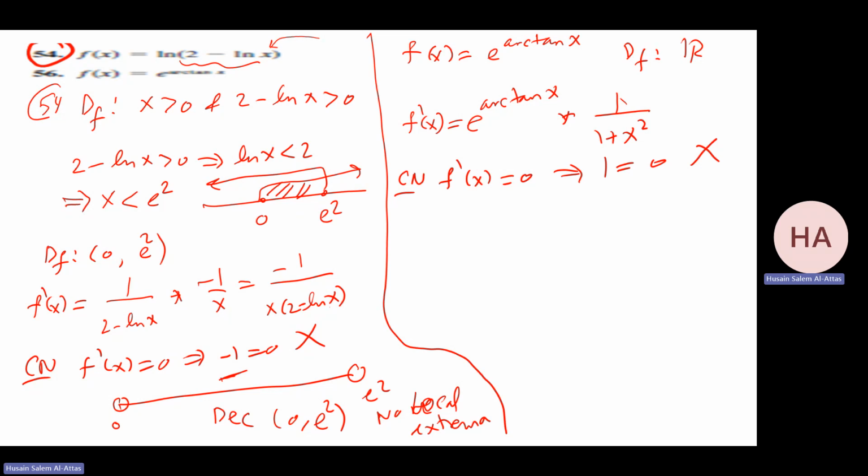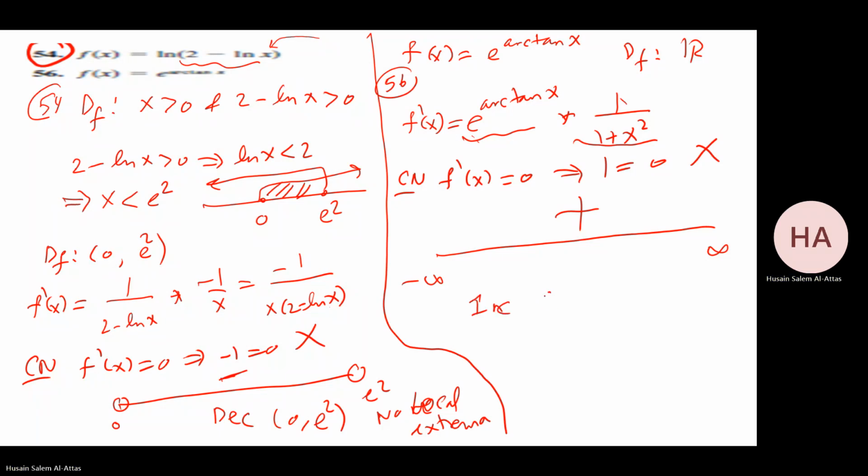So what I will do, it means I need to check the function from minus infinity up to infinity. Take any value. If you notice, this is positive, this is positive. So the function is always positive. So it's increasing from minus infinity to infinity.